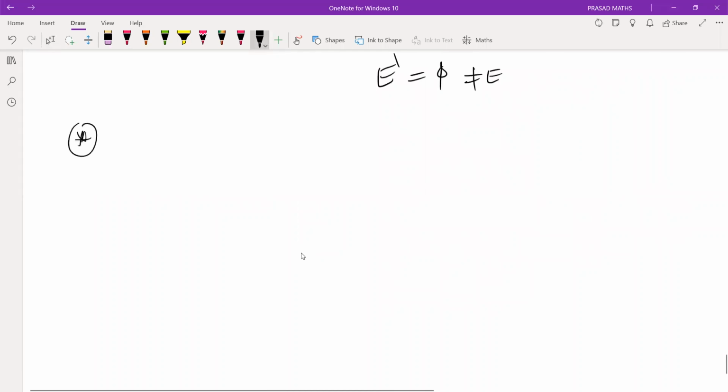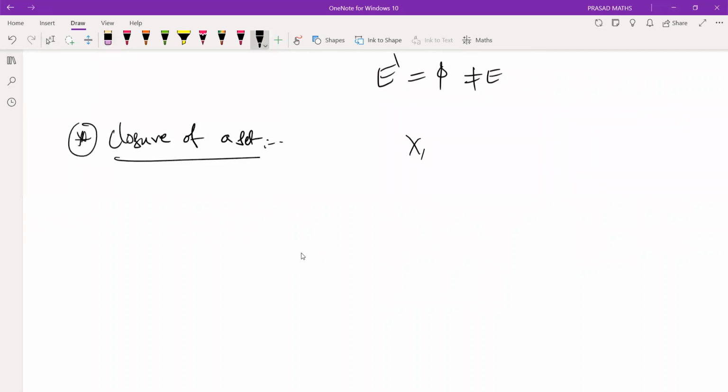Next is the closure of a set. Closure of the set means you take any subset of a metric space.